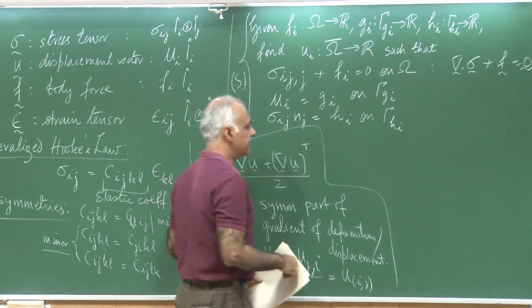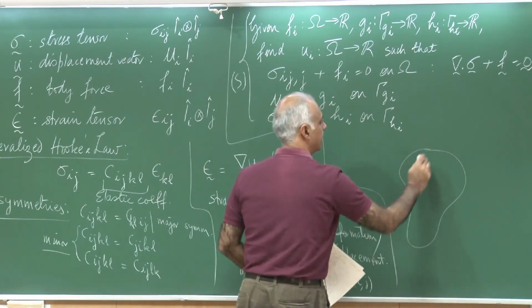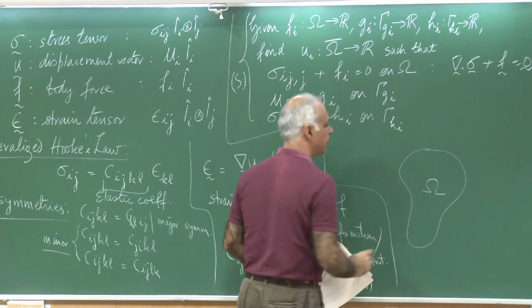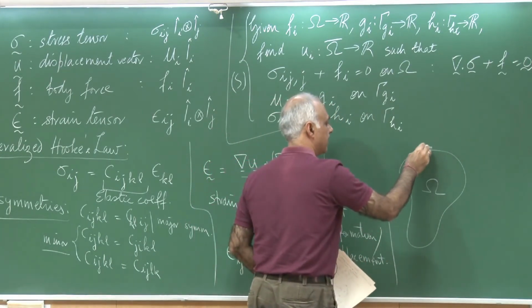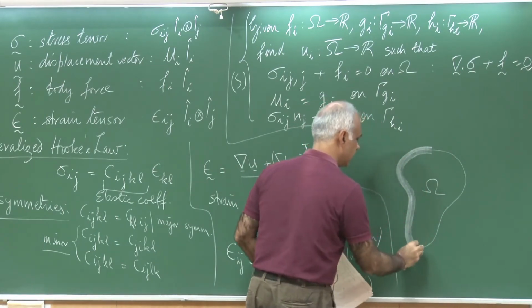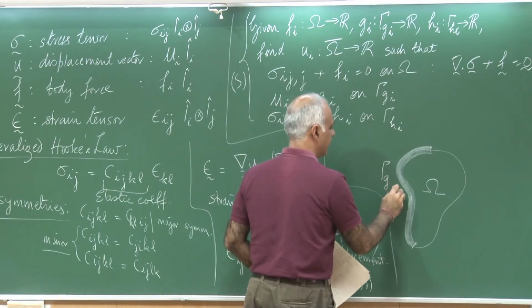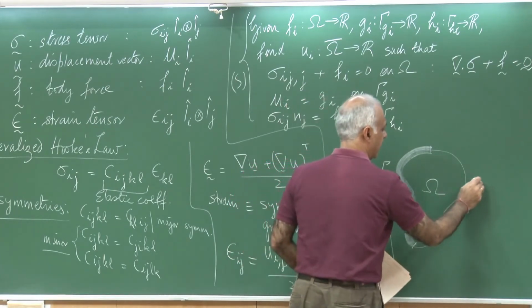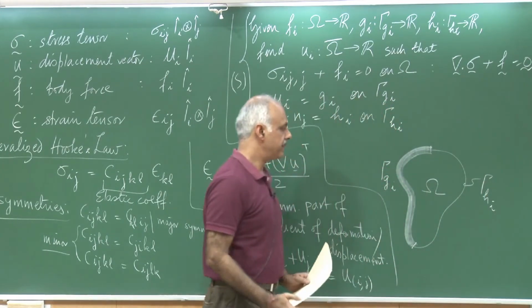Please recall, we had also done a decomposition for the boundary. So, if this is your omega, we talked about a part of the boundary, let us say this is the boundary which had gamma g_i, and this is the boundary which was gamma h_i.